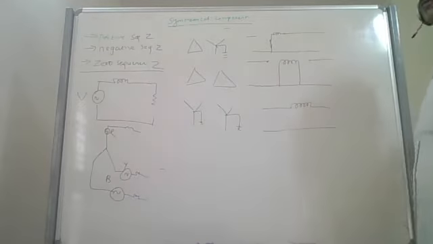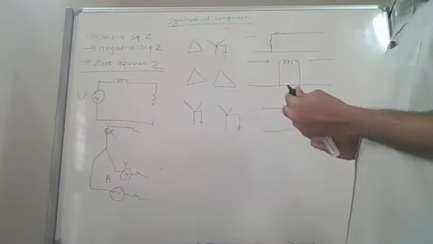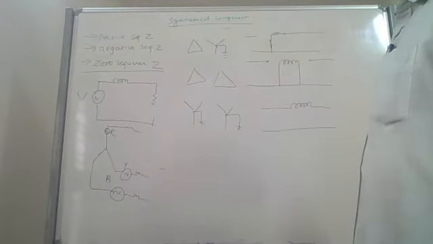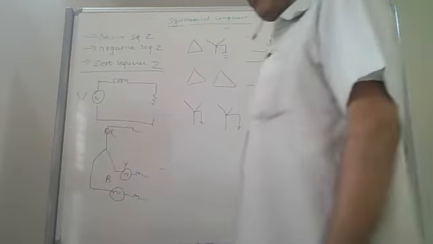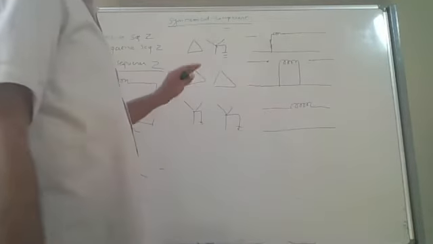This is how it is, because whenever you have a delta, the zero sequence current will circulate inside. This is how.